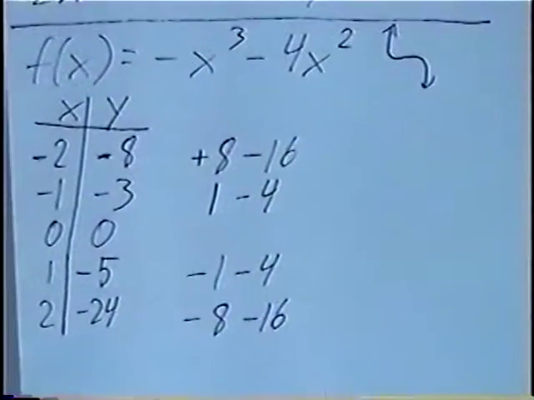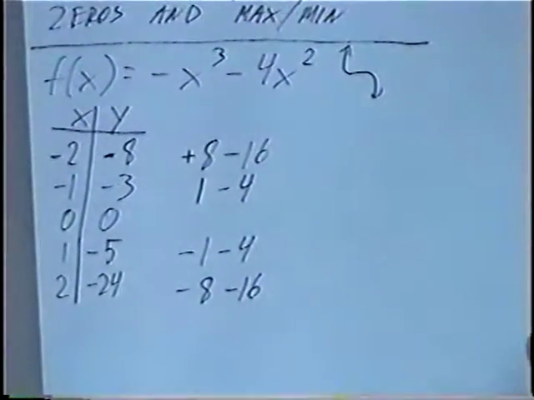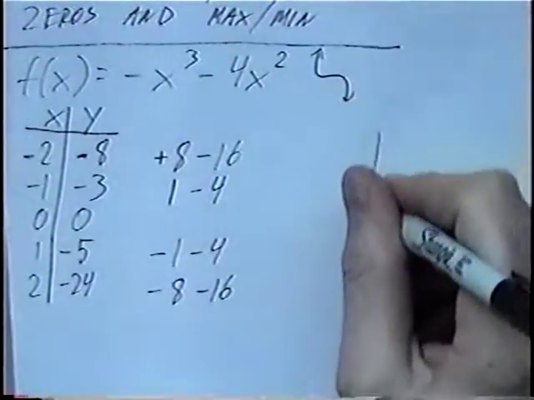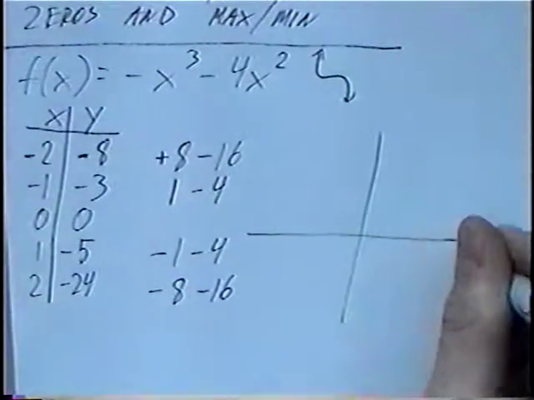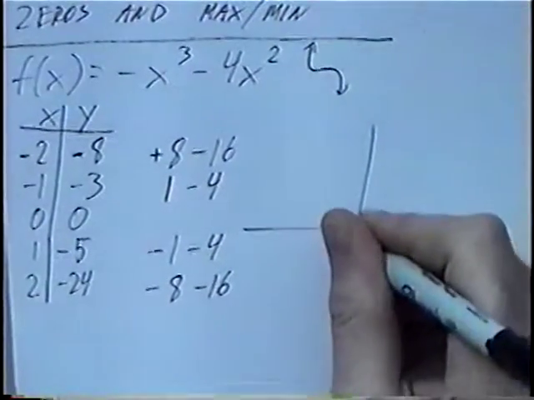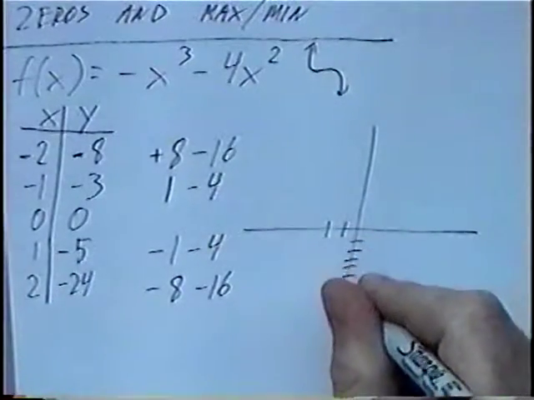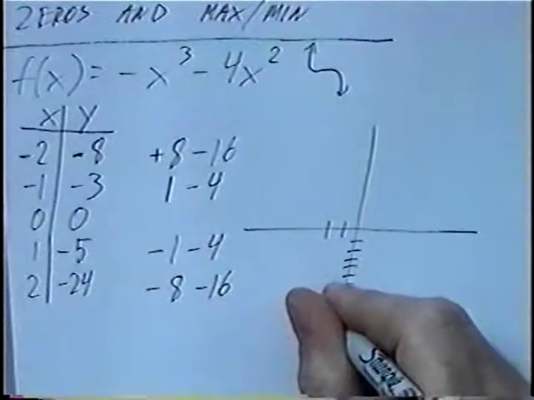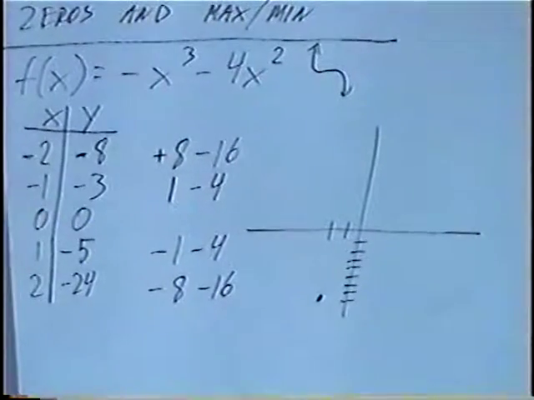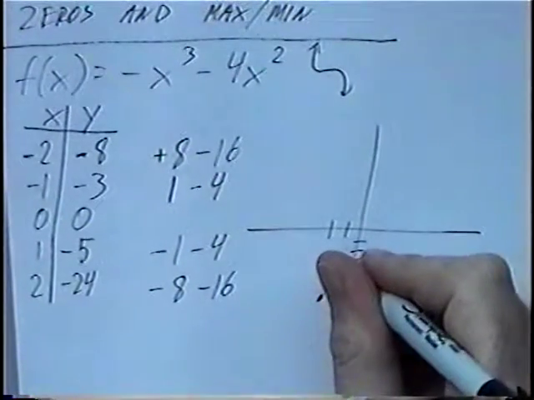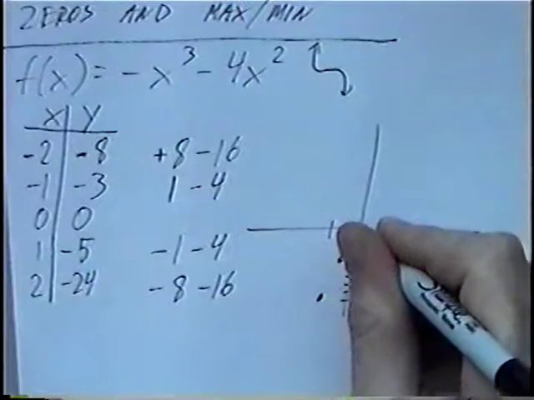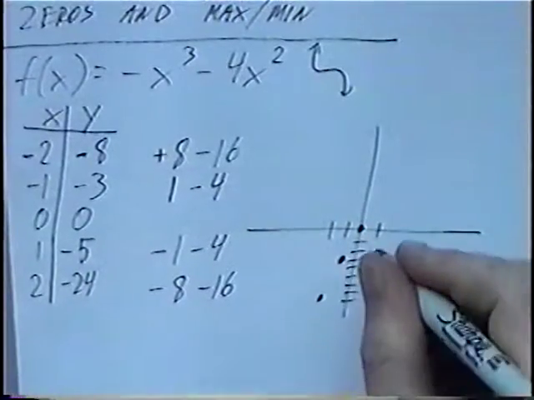Graphing from here. The first point we have is negative 2, negative 8. Second point is negative 1, negative 3. 0, 0, 1, negative 5.